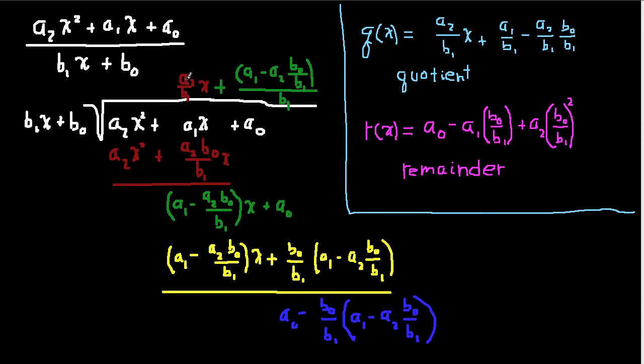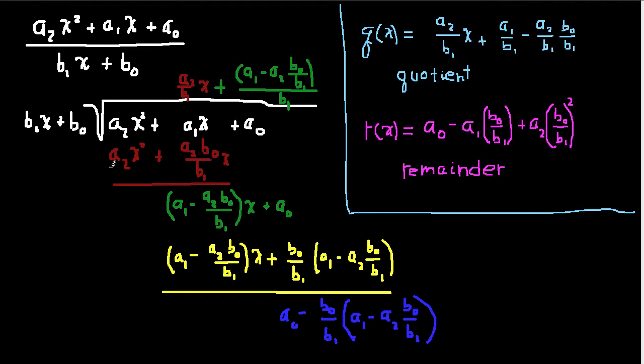If this multiplies b1 x, the result is a sub 2 times x squared. And then when this multiplies b0, we get a sub 2 divided by b1 times b0 times x. So then we subtract this whole term in red from this term up here in white.